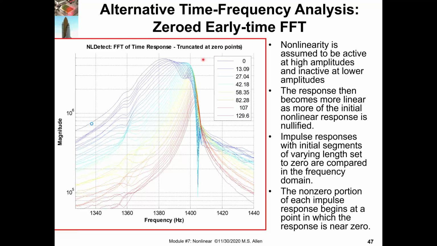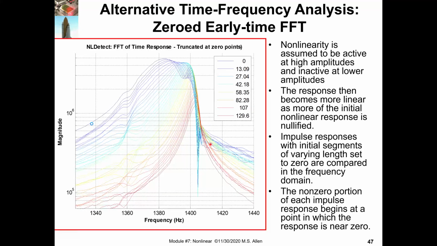So if we took the FFT of the whole signal, we get this distorted, smeared shape that shows us that there is nonlinearity. And as we erase more and more, this is the number of milliseconds of response that's been erased, we eventually see this converging in the red lines down here to what looks like a nice linear resonance.